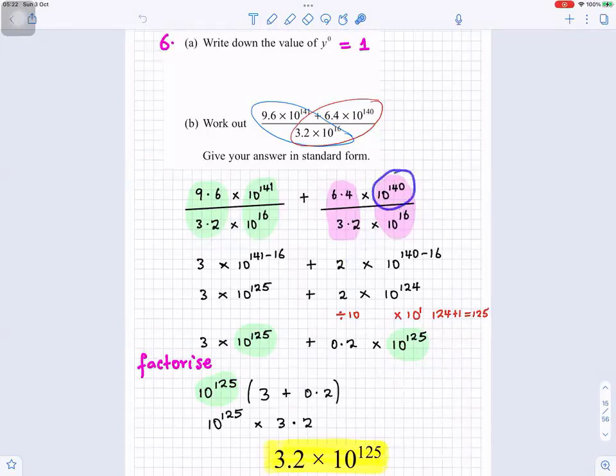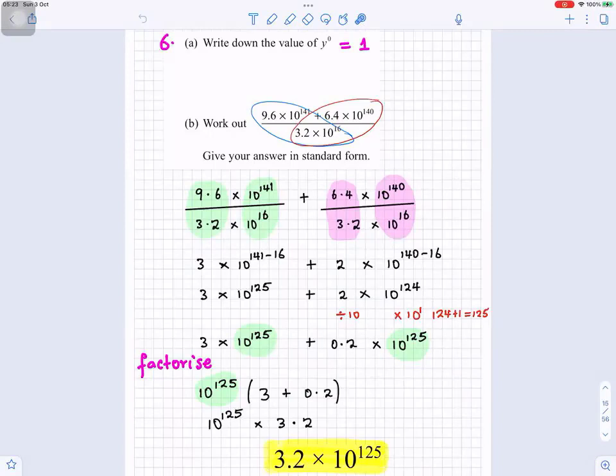10 to the 140 divided by 10 to the power 16. You subtract the powers: 140 minus 16 gives you 124. So 2 times 10 to the 124. And you divide by 10 on the left and you times 10 on the right.